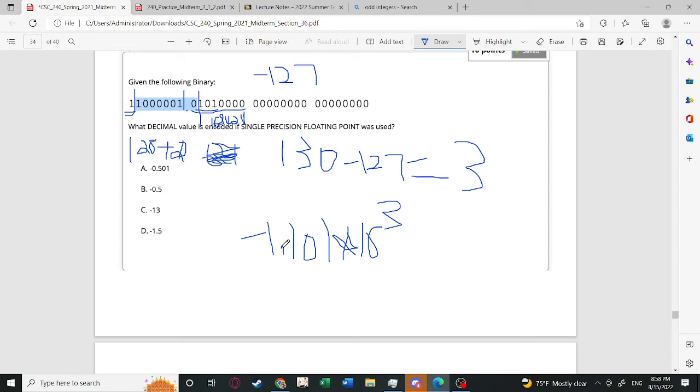Okay, so now we're going to convert this into binary. So negative. This is a 5, and then you have a 1 0.1.